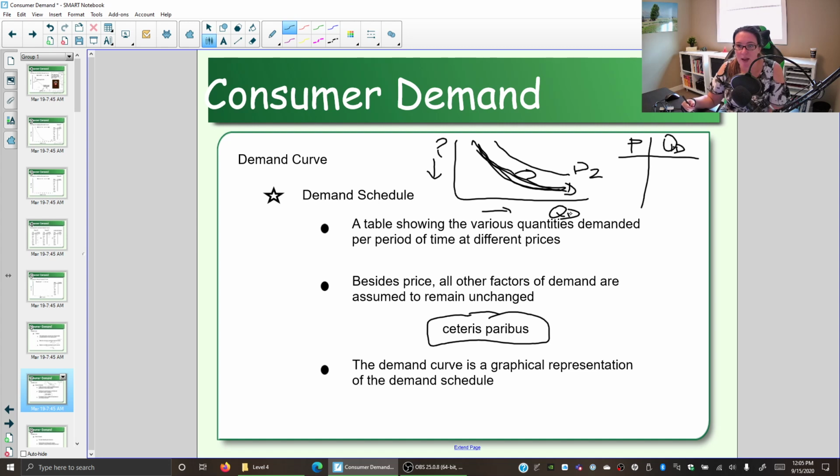So these other factors we're holding constant will change demand, but to create a demand curve, we change the price and that changes quantity demanded. So we have to make sure that we differentiate between demand and quantity demanded. Quantity demanded is the amount you're willing and able to buy, demand being this overall relationship.